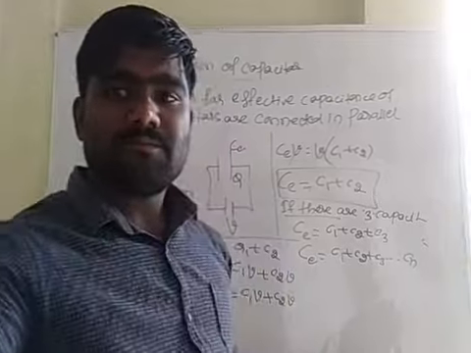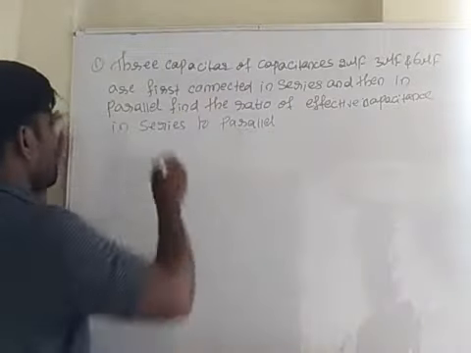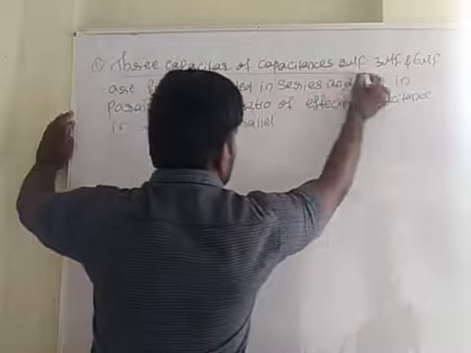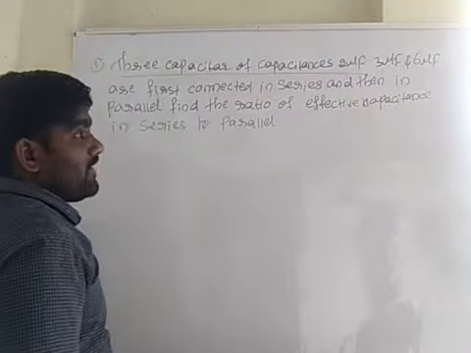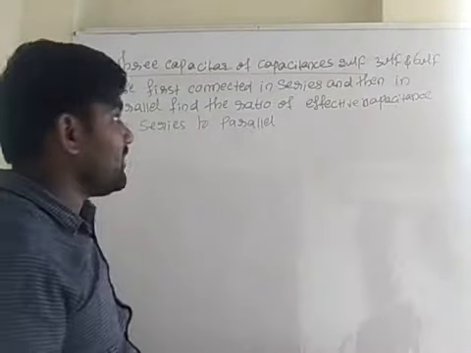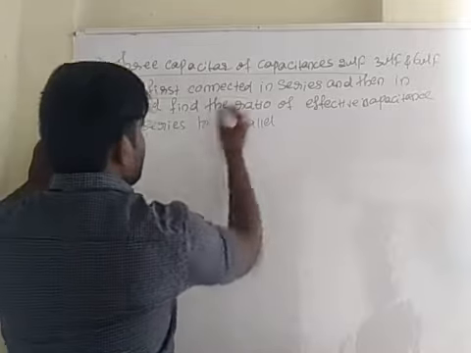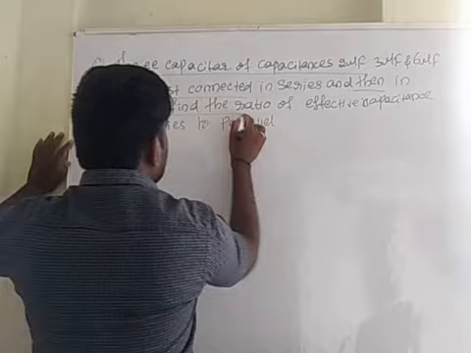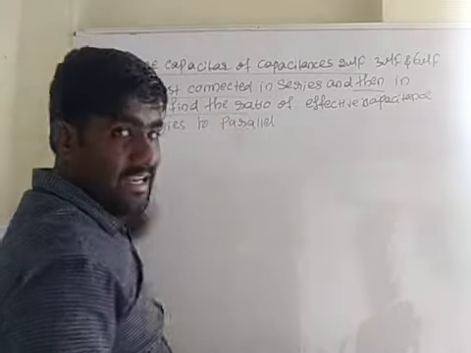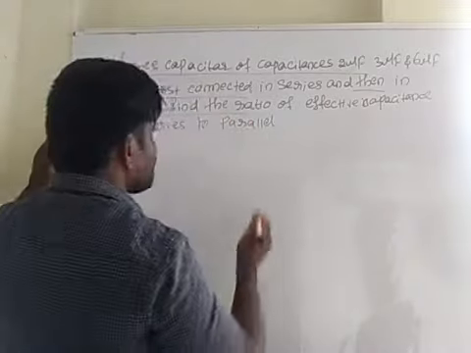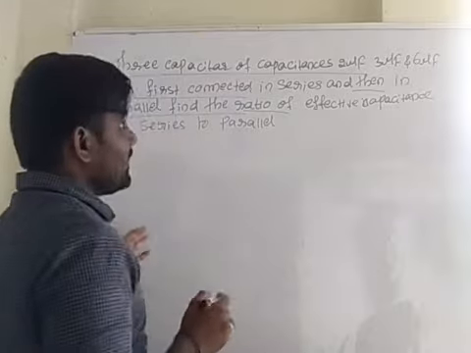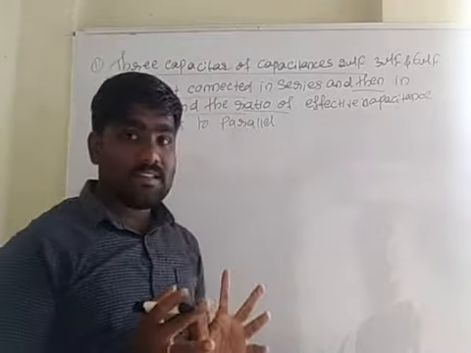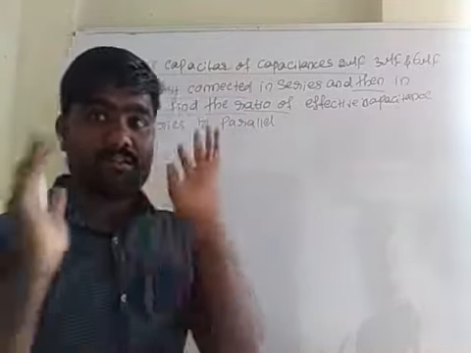See this question. Three capacitors of capacitances 2 microfarad, 3 microfarad and 6 microfarad are first connected in series and then connected in parallel. Find the ratio of effective capacitances in series to parallel.